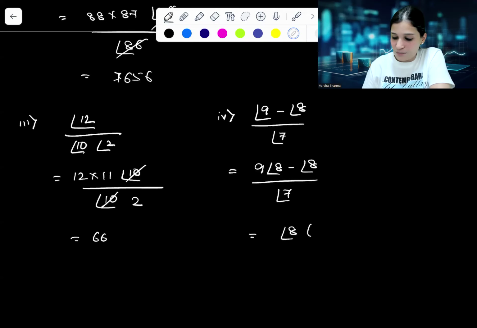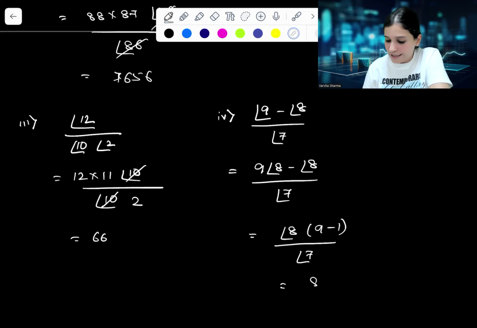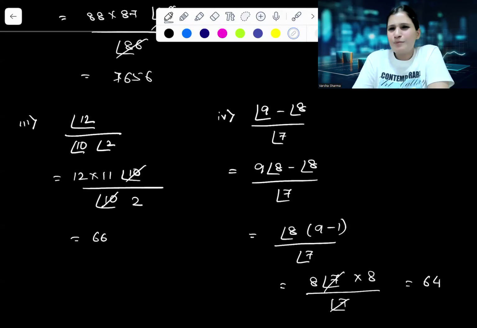Taking factorial 8 common. Opening factorial 8 till I get factorial 7. Answer 64. You may have done it in a different manner, but the answer should be 64. Got the answer? Yes, ma'am.